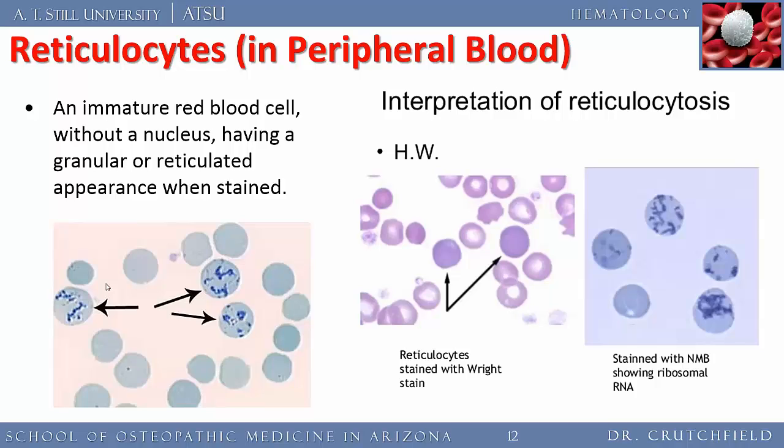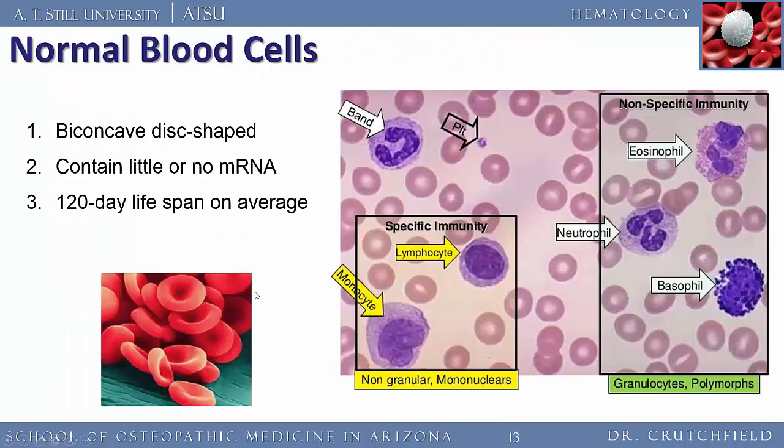The body releases these premature red cells called reticulocytes, and you can see them in the peripheral smear when they're stained with various stains. Here it's showing the ribosomal RNA, which is basically what this reticular material is. It's ribosomal RNA, which is part of a nucleus, and as a red cell matures, it loses its nucleus, and so what we're seeing here is a premature red cell.